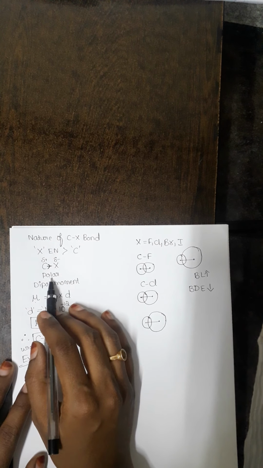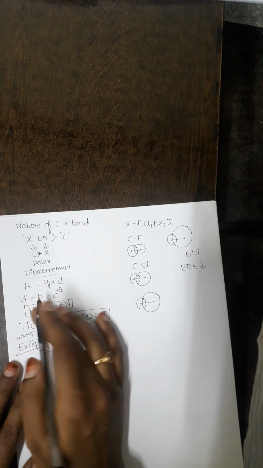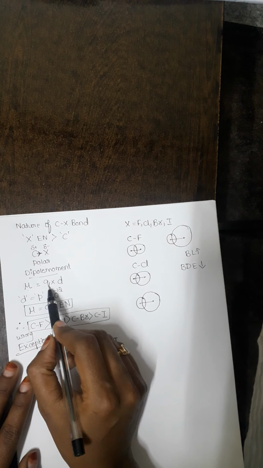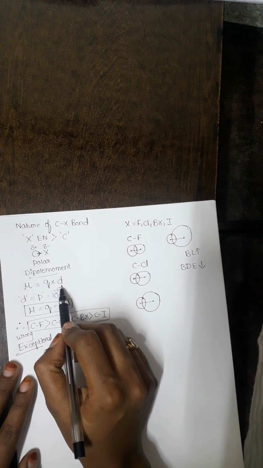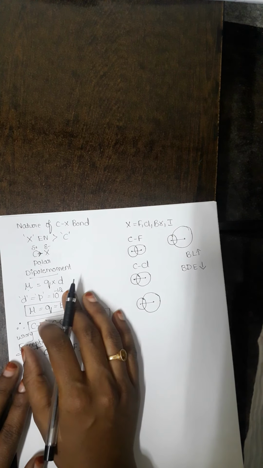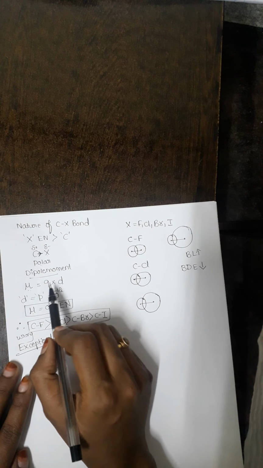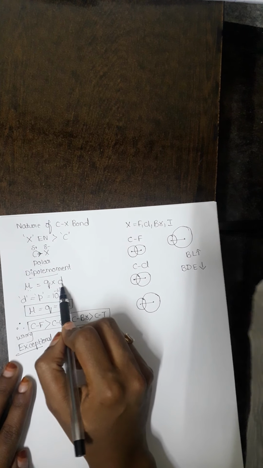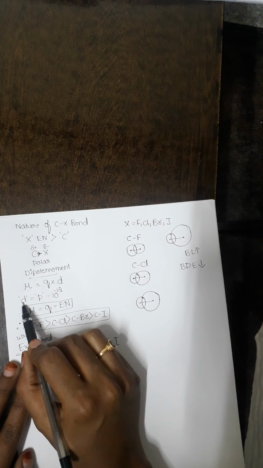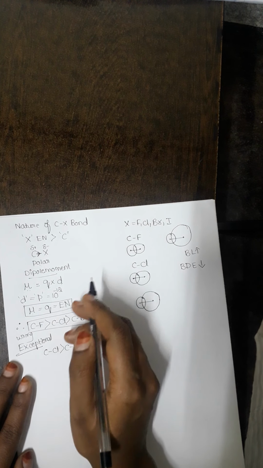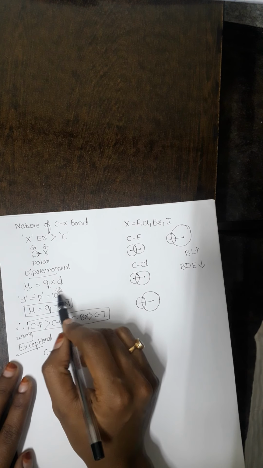The polarity in a molecule can be measured with the help of dipole moment, where dipole moment is nothing but the product of the magnitude of the charge and the distance between two atoms. To measure the dipole moment, I have to take both the magnitude of charge and the distance between the atoms. But distance is usually measured in picometer or Angstrom, where 1 picometer refers to 10 to the power of minus 12 meter.